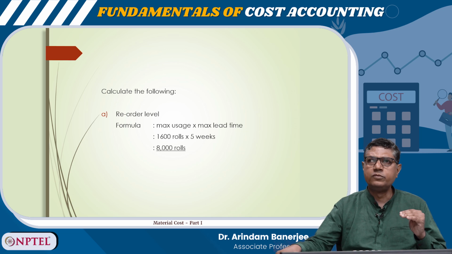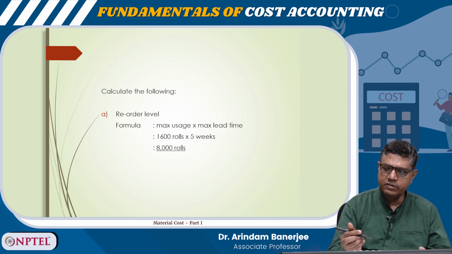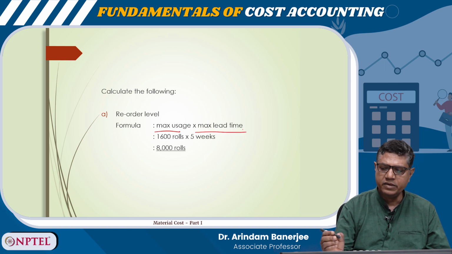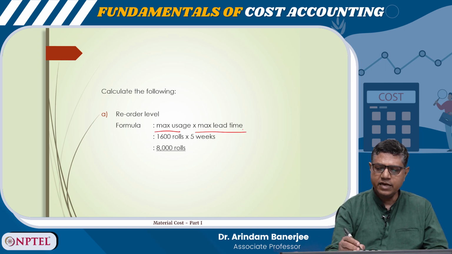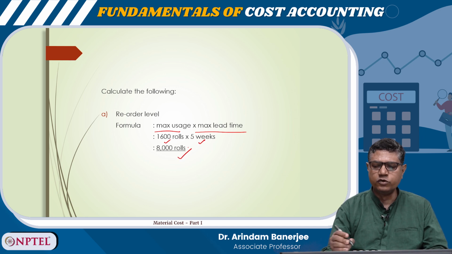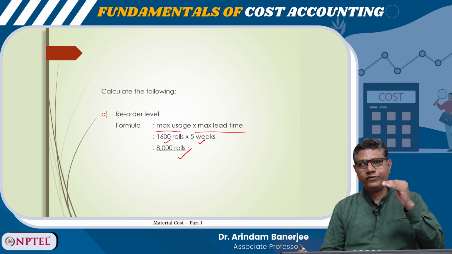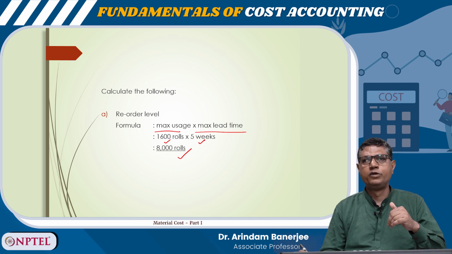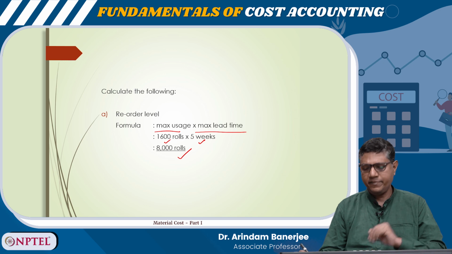So, what is the formula? The formula is maximum usage into maximum lead time. So, 1600 rolls it is given into 5 weeks, so 8000 rolls. So, when the stock reaches 8000 rolls, what will the company do? The company will reorder, will put a fresh order, okay.